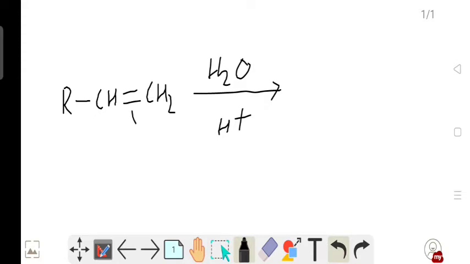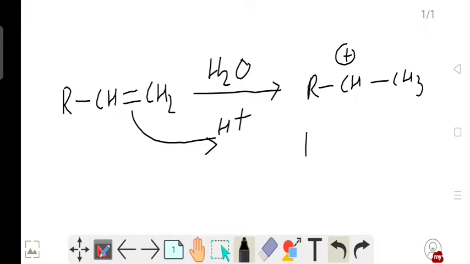First the double bond attaches to this H plus ion, that means the electrophilic addition mechanism goes on first, and it forms a stable carbocation, that means positive and CH3. As it is a 2-degree carbocation, it is stable. Then H2O acts as a nucleophile, with 2 lone pairs on the oxygen atom.